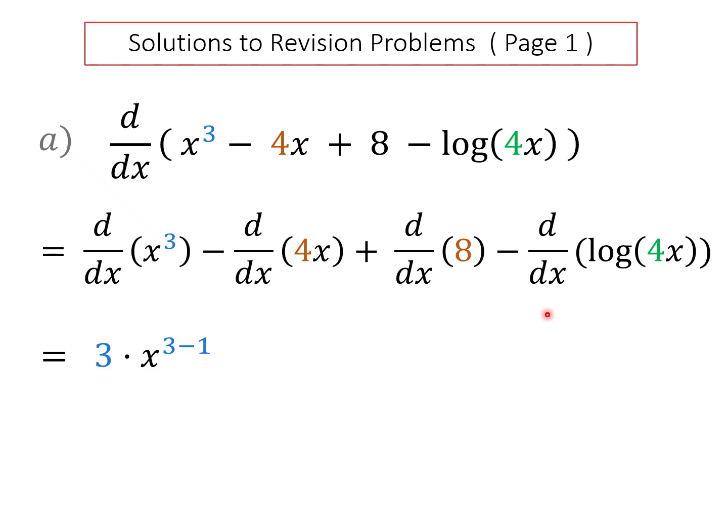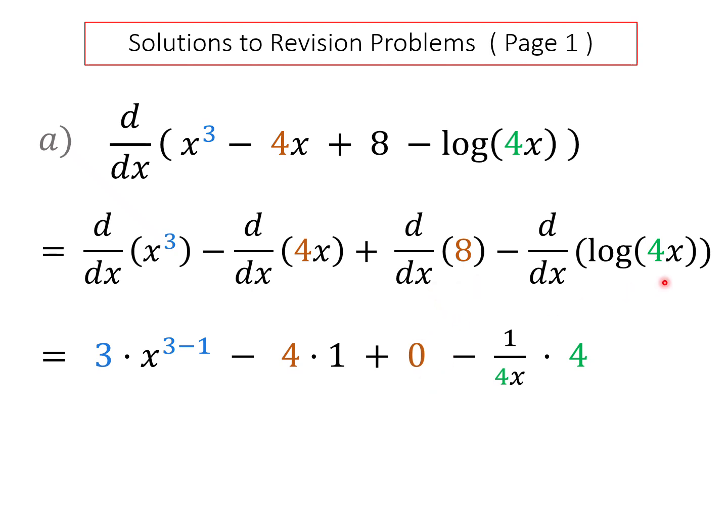Now applying x to the power n here, in case of x cube, we are getting 3 x to the power 3 minus 1. 4 being constant comes out of differentiation. So here it is 4 into d/dx of x, which becomes 1. d/dx of constant is 0.